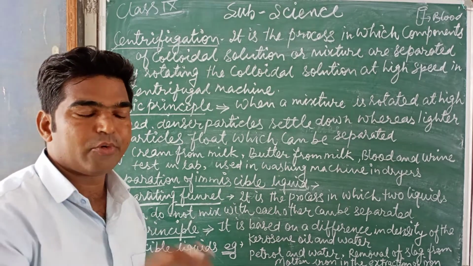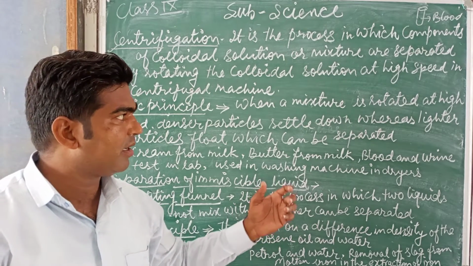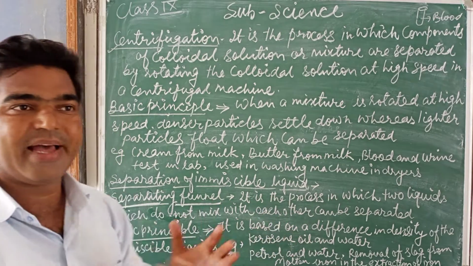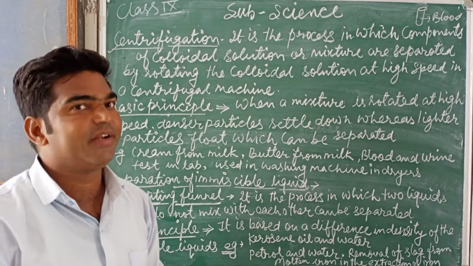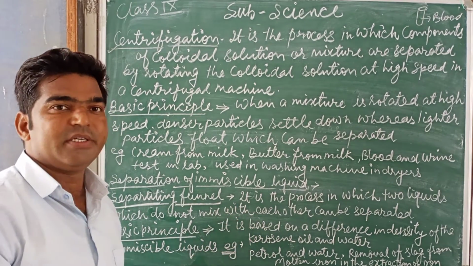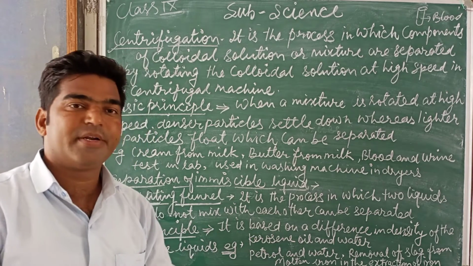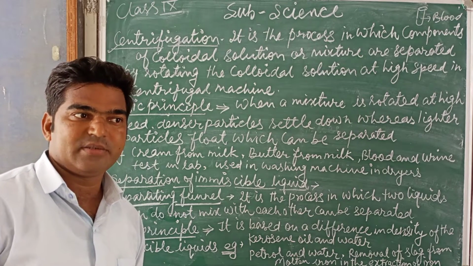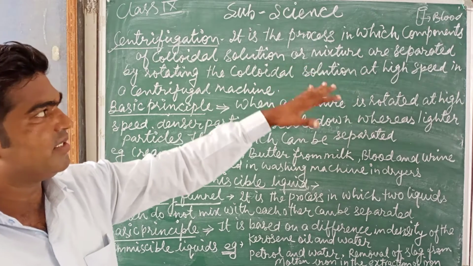The speed of rotation is the main thing, the basic fundamental process, in which due to this high rotating or spinning, the different components are separated. So due to rotating at high speed, the blood in the centrifugal machine can be separated into its different components. So for the blood test, this method is used.